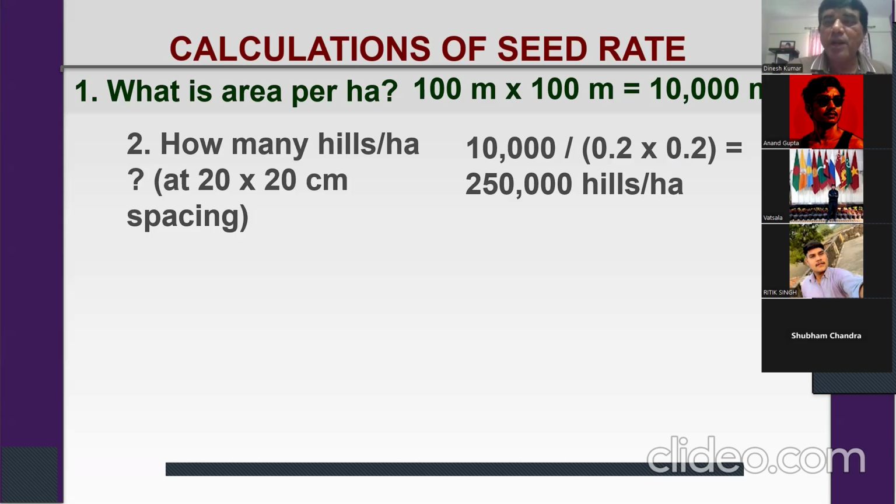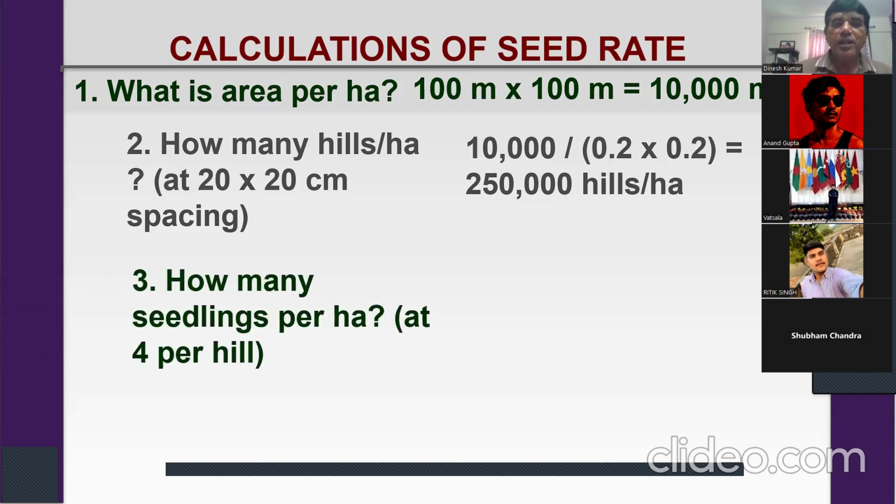That means if we plant one seedling at one place, then at least 2.5 lakh seed will be needed. And if we have two seedlings in one place, then it will be 5 lakhs, and so on. If you need three seedlings, then you multiply 250,000 by 3 to get the required number of seeds. I hope you understand it. Now, next is how many seedlings per hectare?